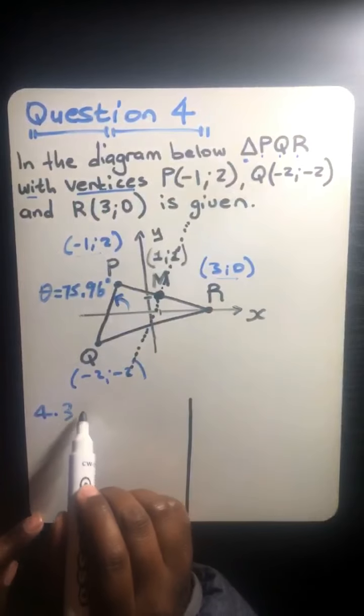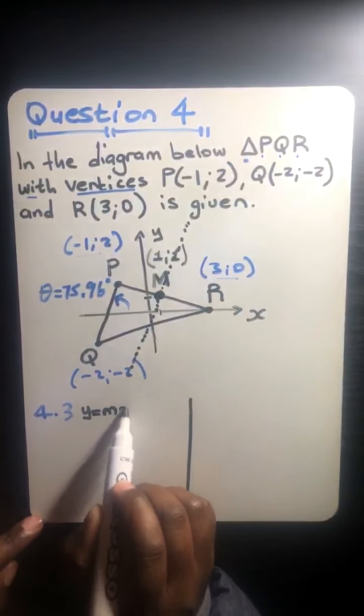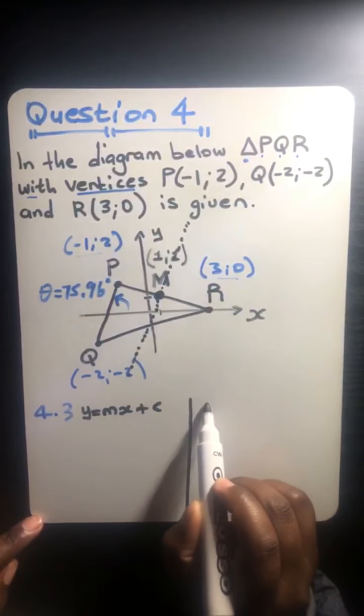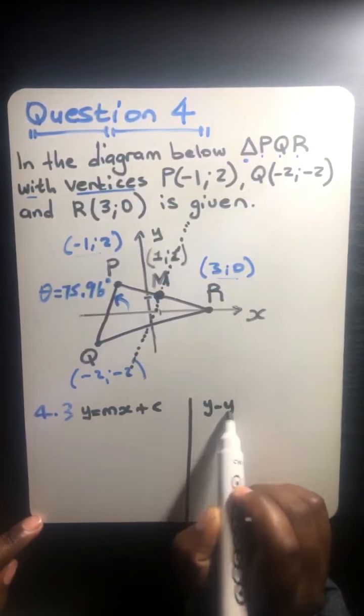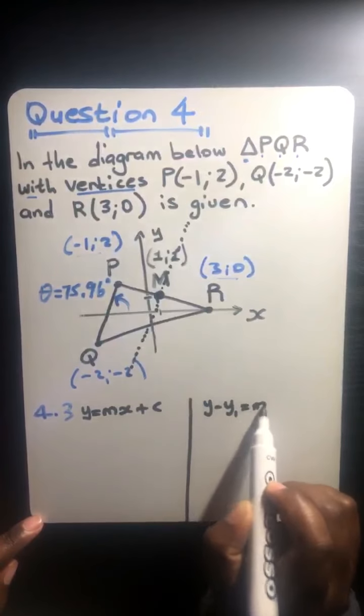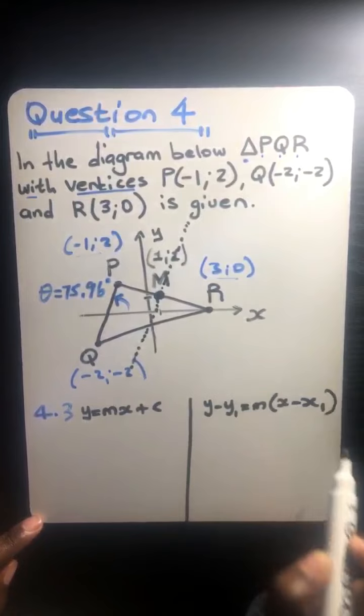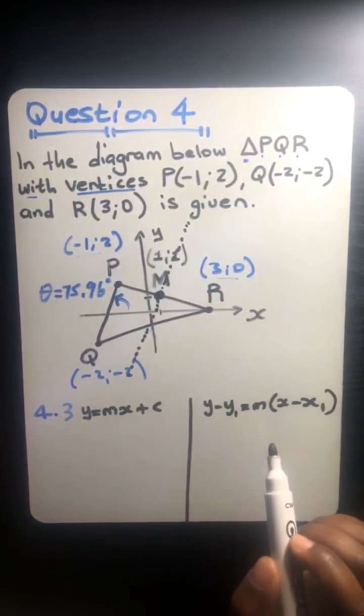The first is the formula y = mx + c. The other is y minus y1 = m(x minus x1). It is actually the same formula.